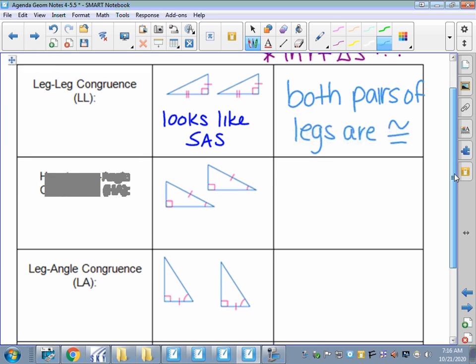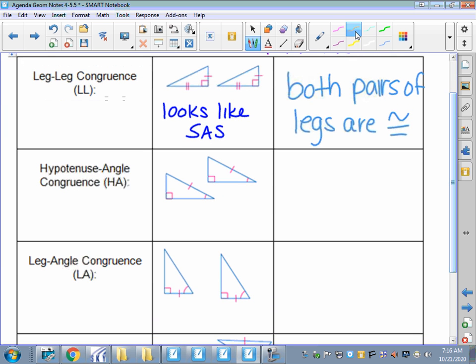Hypotenuse angle. Notice, again, we are lazy, so we abbreviate leg, leg as LL. Hypotenuse angle we call HA. So if I look at the diagram in the middle, what does hypotenuse angle look like? The pairs of right angles, the pairs of acute angles, and then that hypotenuse side.